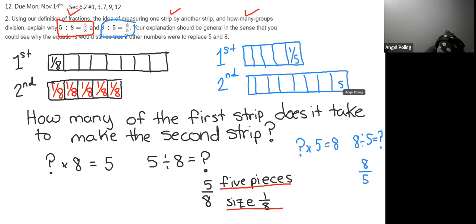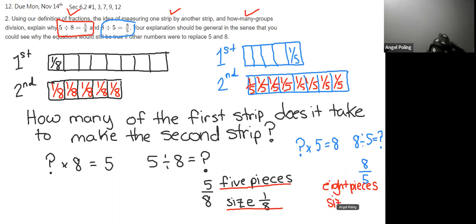Let me do that in a different color. We took 8 of these pieces, each of size 1/5, to build this second strip. So we're getting 8 pieces, and each is of size 1/5.